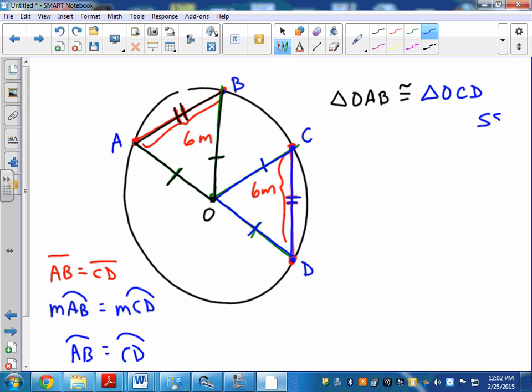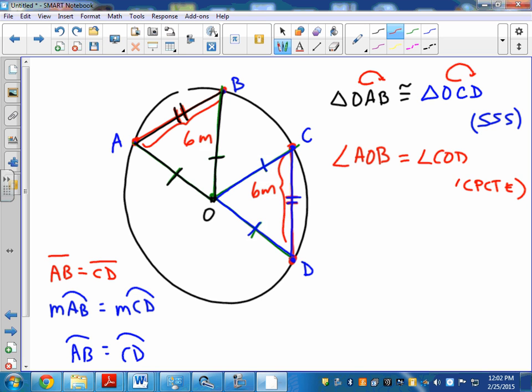side, side, side. Right? So if the triangles are congruent, we know all the corresponding parts are congruent. So angle AOB is going to be equal to angle COD, by corresponding parts of congruent triangles being equal.